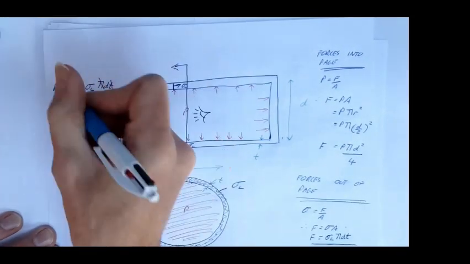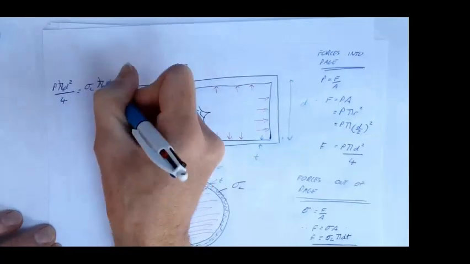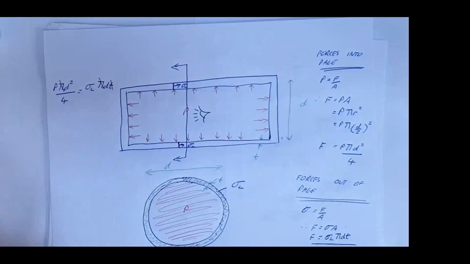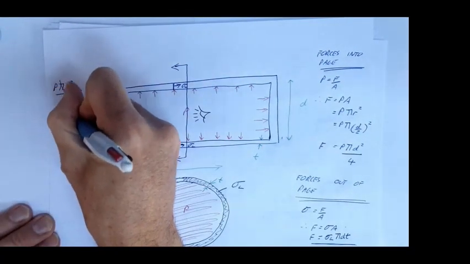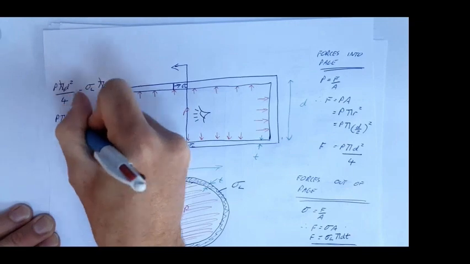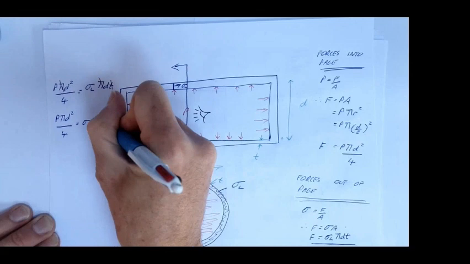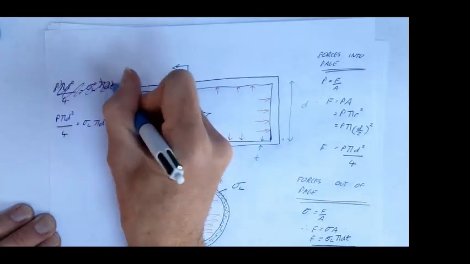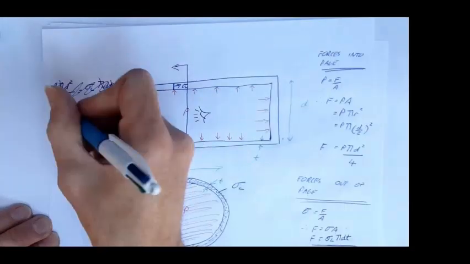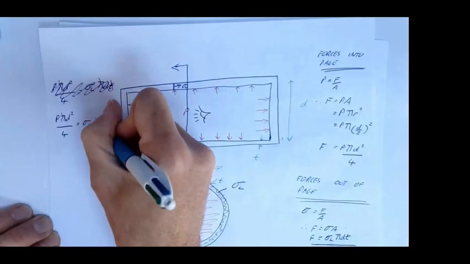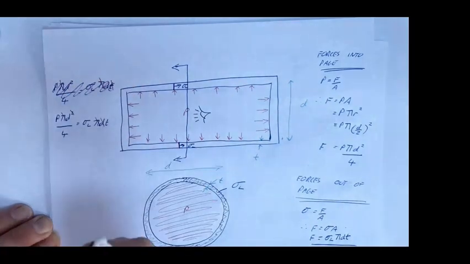Now clearly pi cancels with pi. Let's redo that again. P pi d squared over 4 equals sigma L pi d t. So pi cancels with pi, and that d cancels with the second d there.